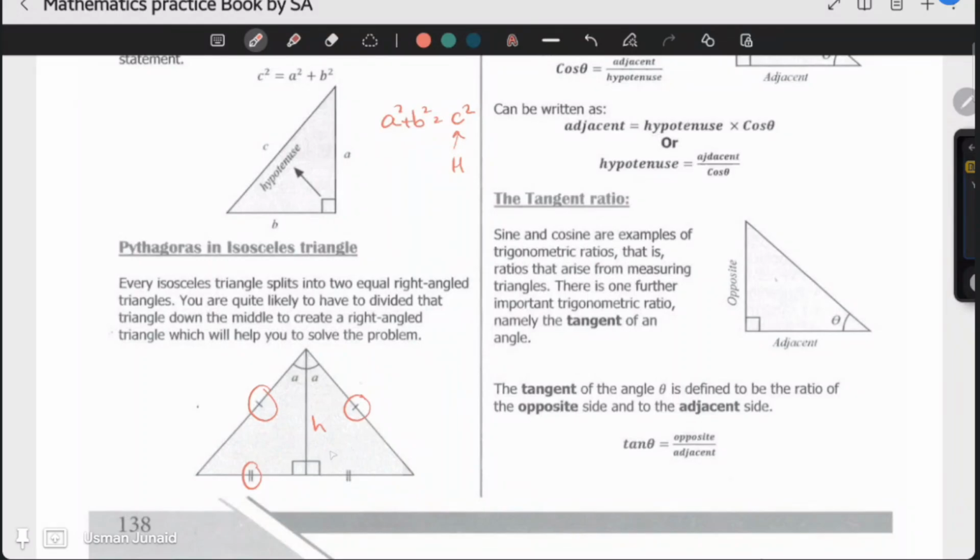So what will you have if you have the height? So h squared, and if you have the base, the entire base, you take (b over 2) whole squared, plus. So you can find this length. Let's call this c squared. Did this make sense?